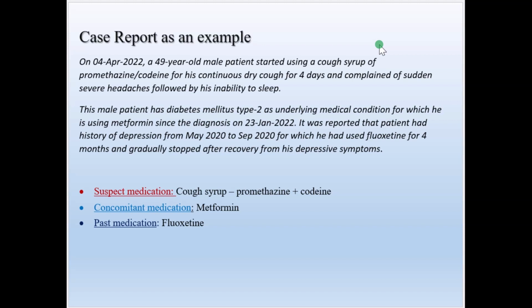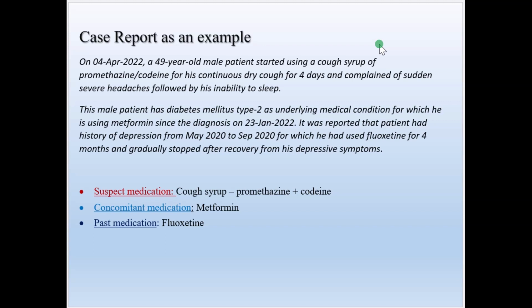On April 4, 2022, a 49-year-old male patient started using a cough syrup having a combination of promethazine and codeine for his continuous dry cough for 4 days and complained of sudden severe headaches followed by his inability to sleep. This male patient has diabetes mellitus type 2 as an underlying medical condition for which he is using metformin since the diagnosis on January 23, 2022.